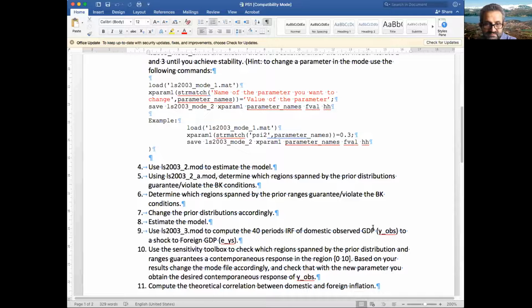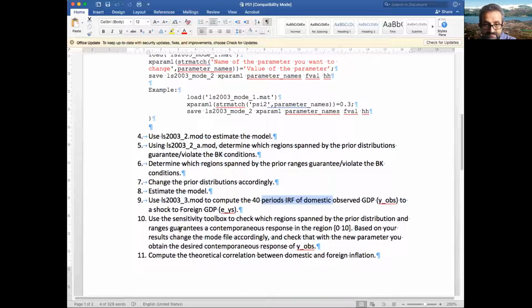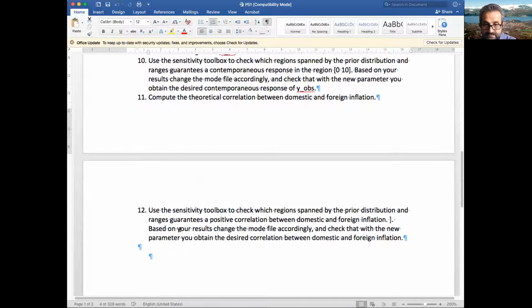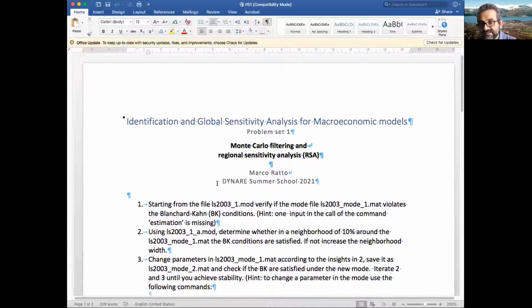And things like that. Then estimate the model. We check Blanchard-Kahn, simulation, IRF, calibration, and so on. Moments, correlation. So it is a bit guided, and I will post the solution tomorrow or tonight, to get a bit of thrill if some of you really want to practice.